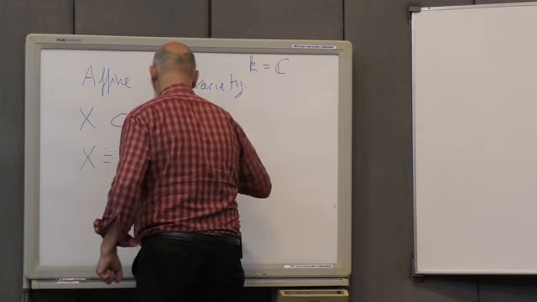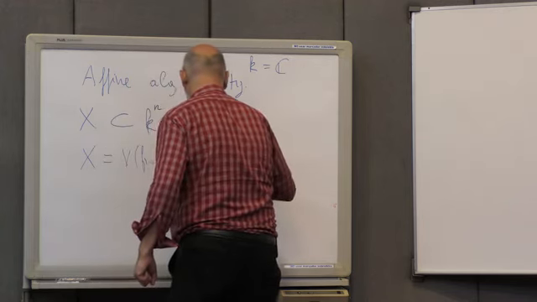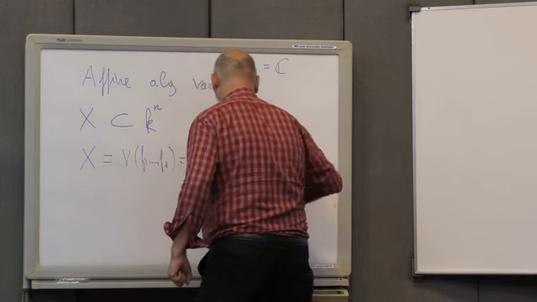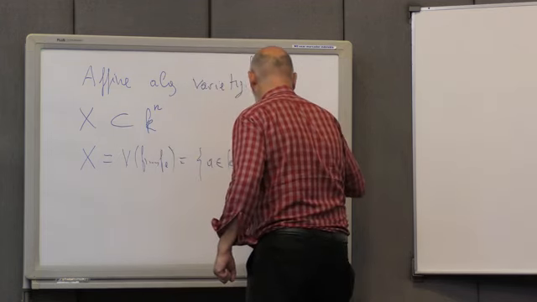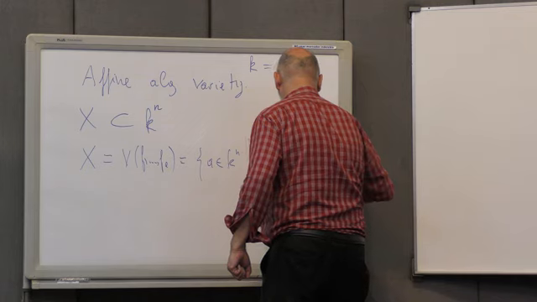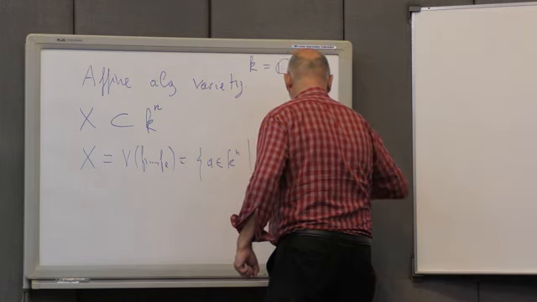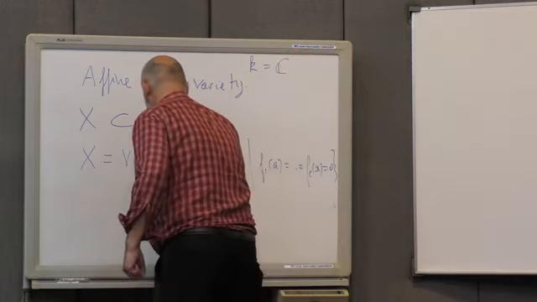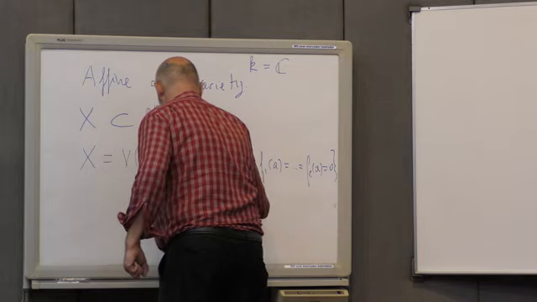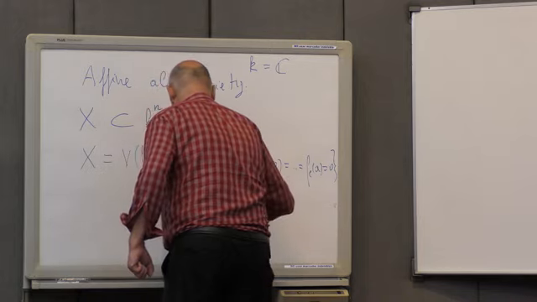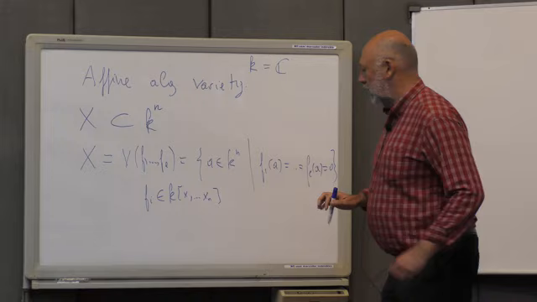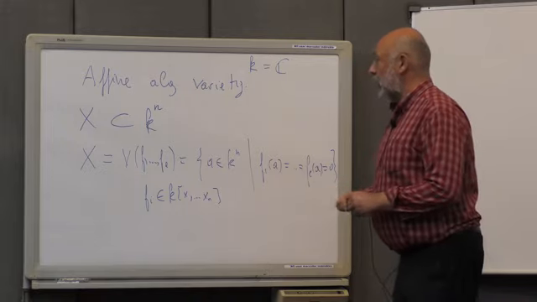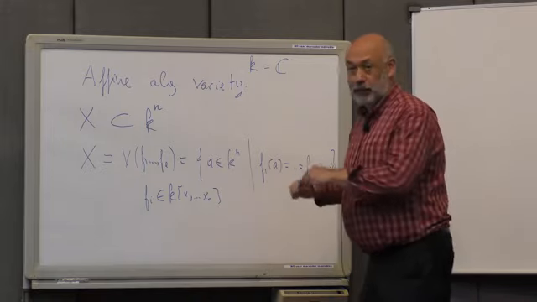So it's a set of zeros of finitely many polynomial equations f_i equal to 0, where the f_i are polynomials in n variables. Let me put some examples of singular algebraic varieties on the board, examples we'll use later.